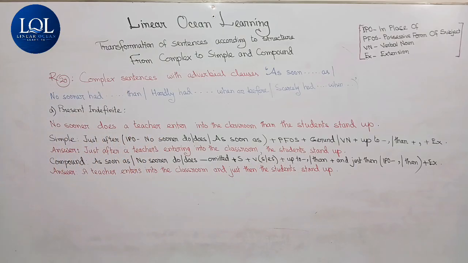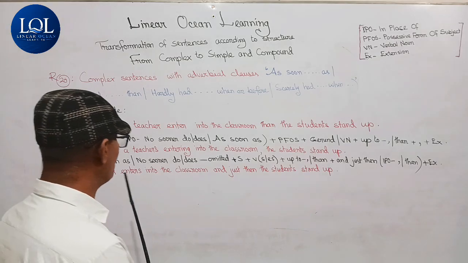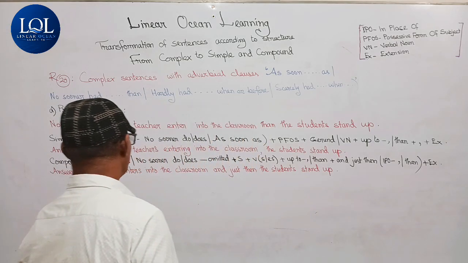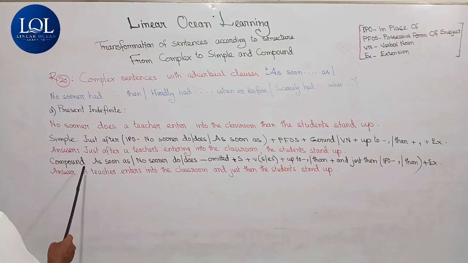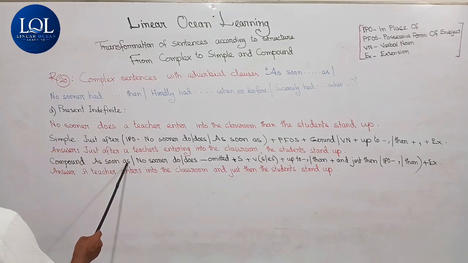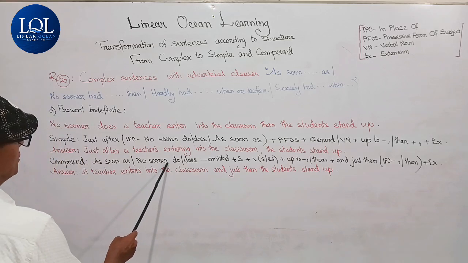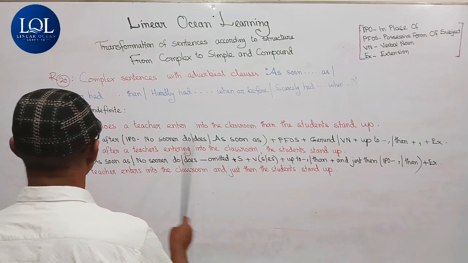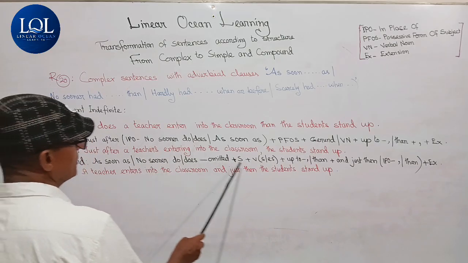Now, if we want to put it into a compound sentence, the structure we have to follow is: as soon as or no sooner do or does will be omitted, plus subject, a teacher, plus verb.